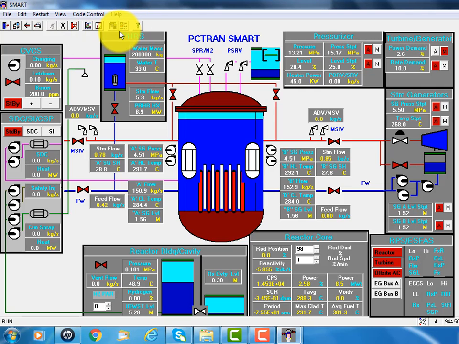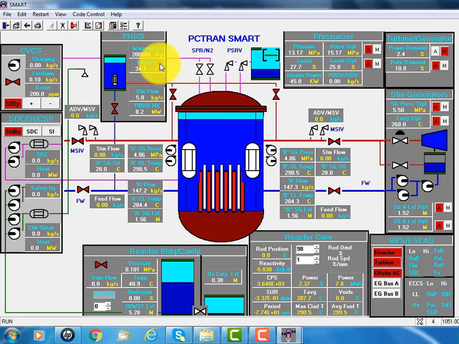Outside containment, that's atmospheric pressure. So the steam will be condensed in the heat exchangers in the pool and return to the steam generator feed water side. Our decay heat now is 8 megawatt, and the passive heat exchanger also removes the same amount of heat.